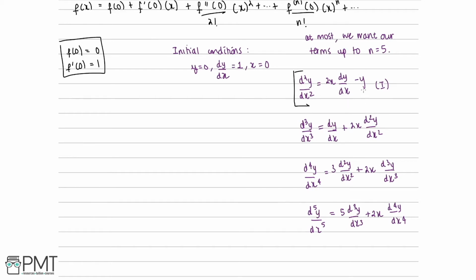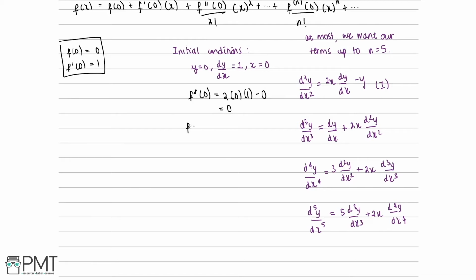Now we can substitute in our initial conditions in order to find the value of the second derivative when x is equal to 0. So we will have f dash dash of 0 is equal to 2 times x, which will just be 0, multiplied by dy by dx, which is just 1, minus y, which will be minus 0, and that's equal to 0. So our second derivative of f at x equal to 0 will just be 0.